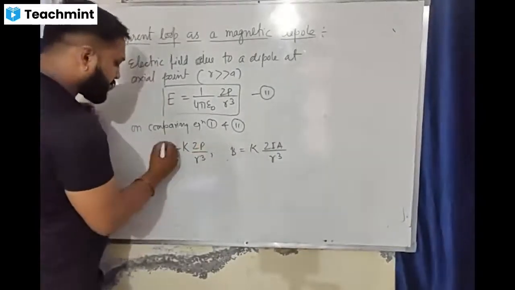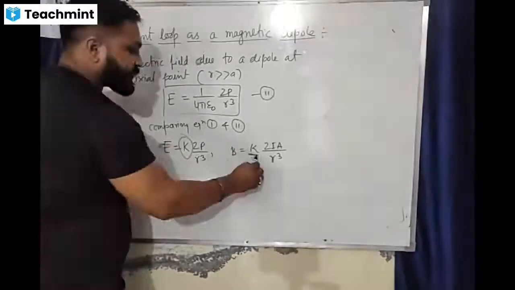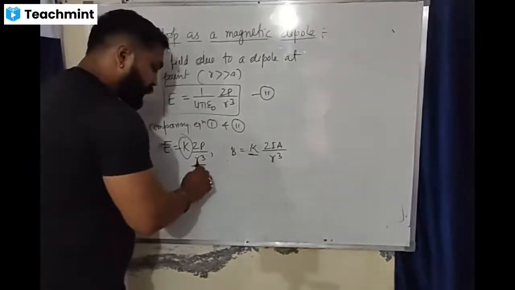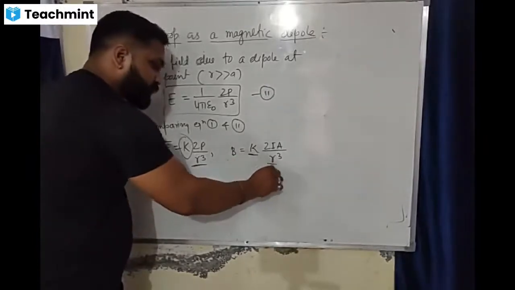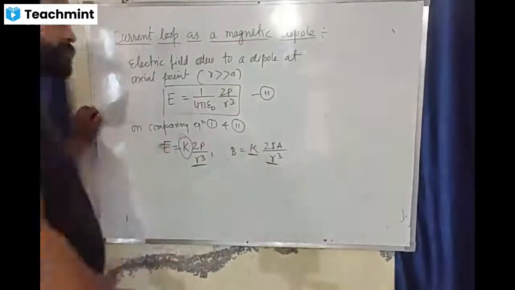Now if we see, in the electric field, what is the role K is playing over here? The same role K is also playing over here. R cube is here, so in the magnetic field, R cube is also there. 2 is also here, 2 is also here.